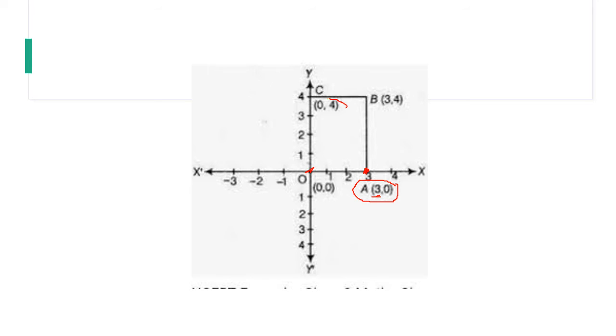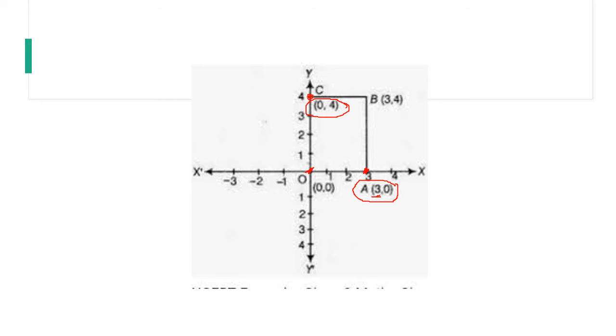Similarly, look at this point. Now this point C is here. It is on the y axis, okay, and therefore it is not having any x value. On the x axis it is corresponding to 0, and on the y axis it is corresponding to 4, and that is why this is denoted as 0 comma 4.